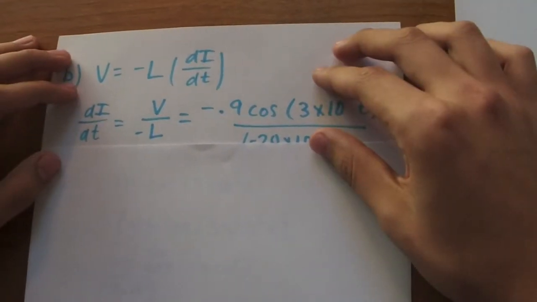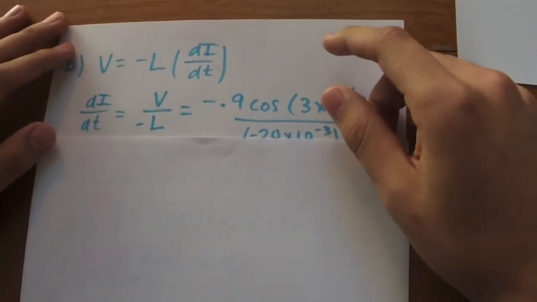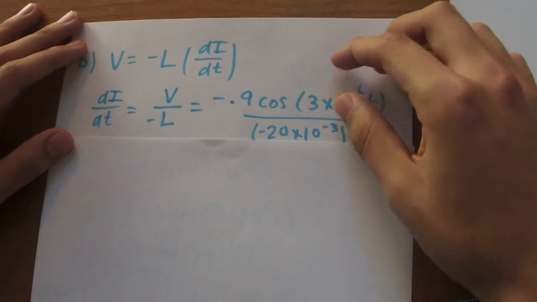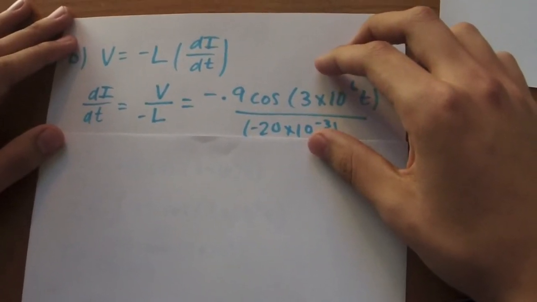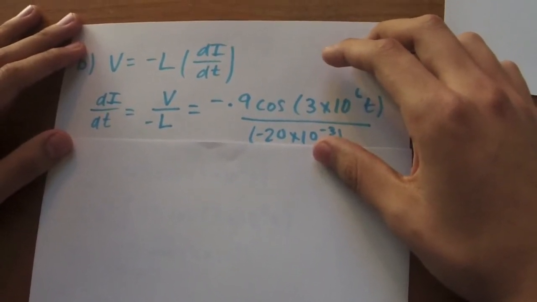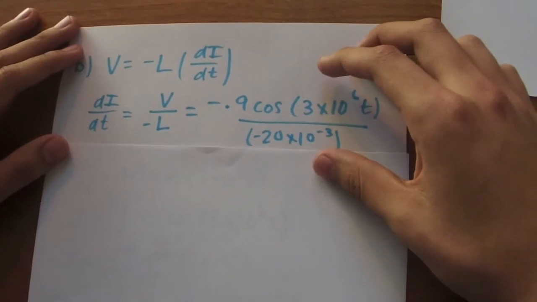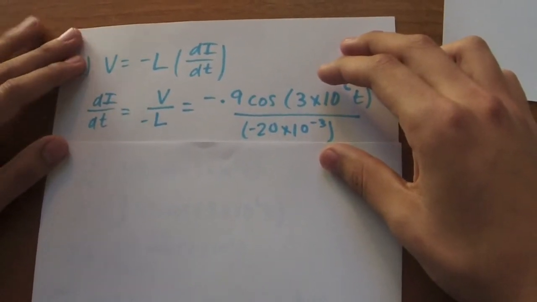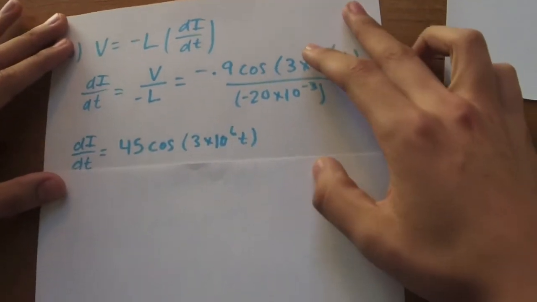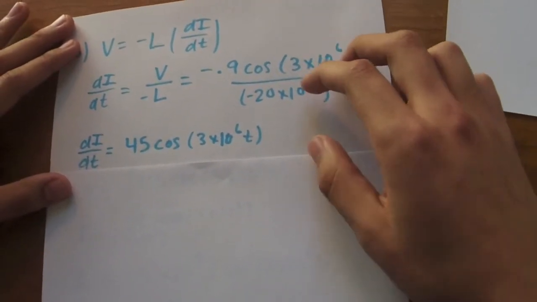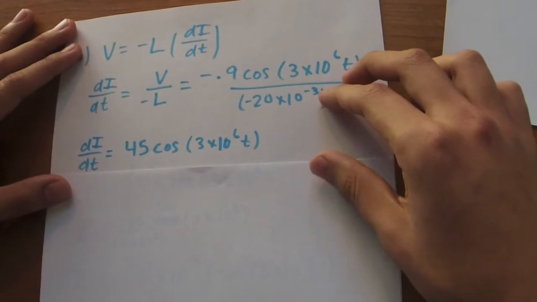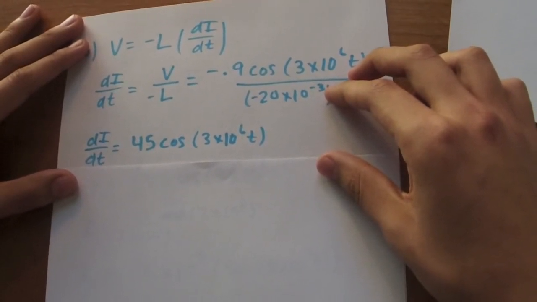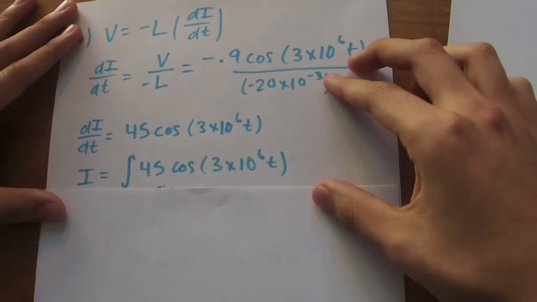So di over dt is equal to V divided by negative L, which is negative 0.9 cosine of 3 times 10 to the 6 t over negative 20 times 10 to the negative 3. Once we solve it, it reduces to 45 cosine of omega t, or cosine of 3 times 10 to the 6 t.